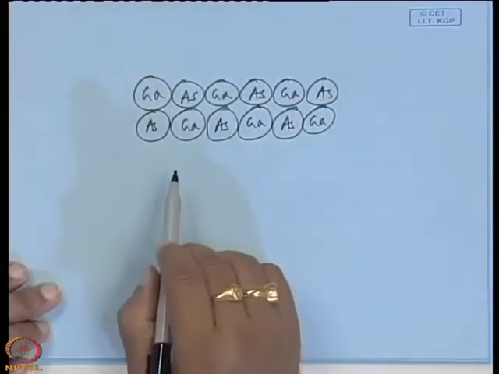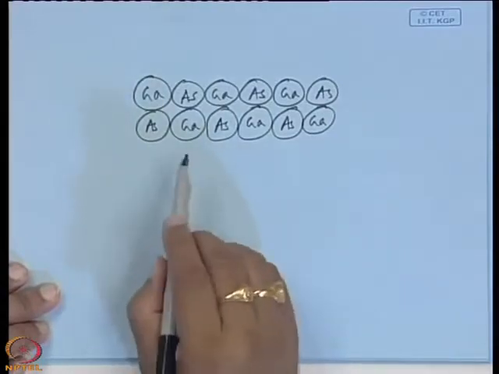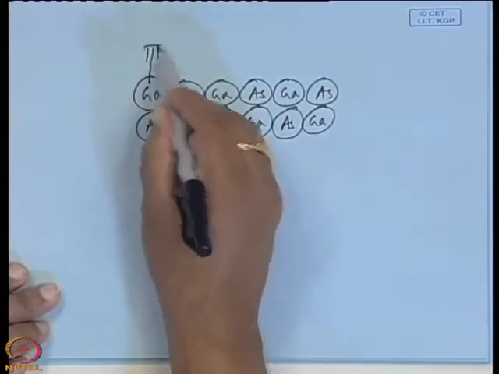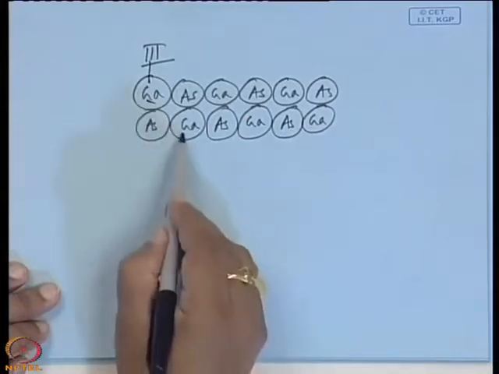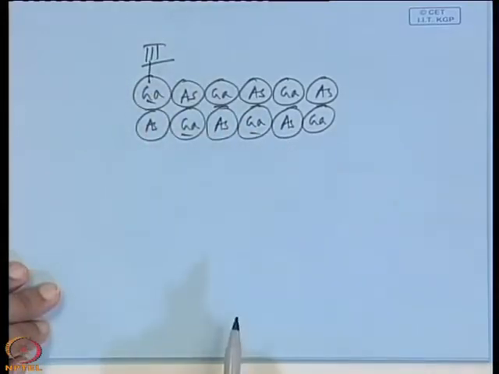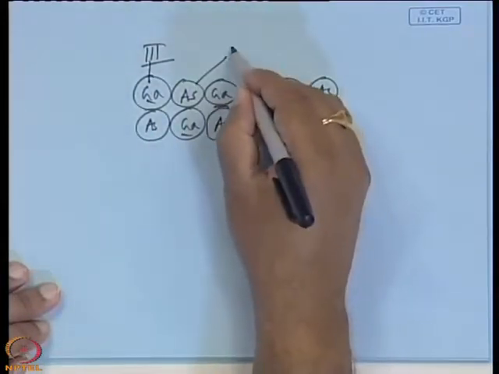So, that means you find that there are 2 sublattices, one sublattice is group 3, this one, that one, this one, that one, etc., and another is the group 5 sublattice.